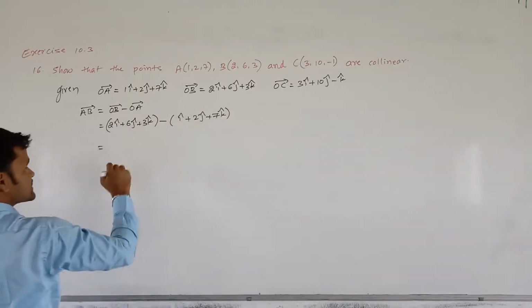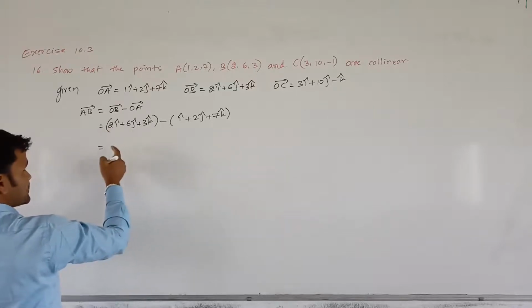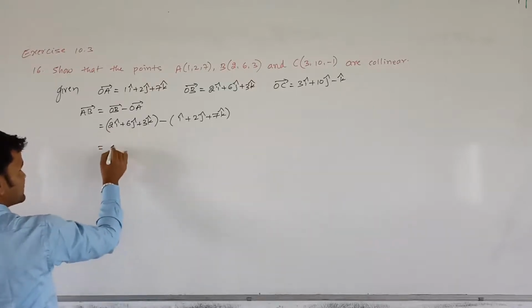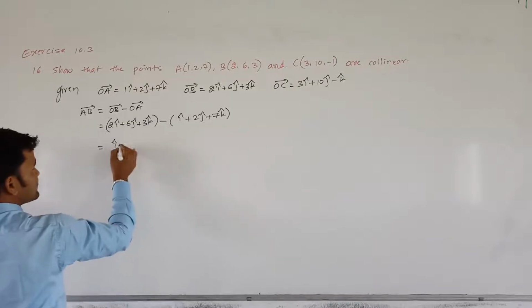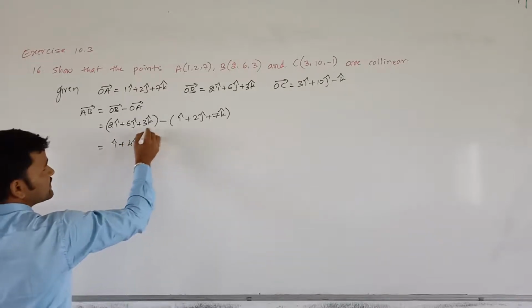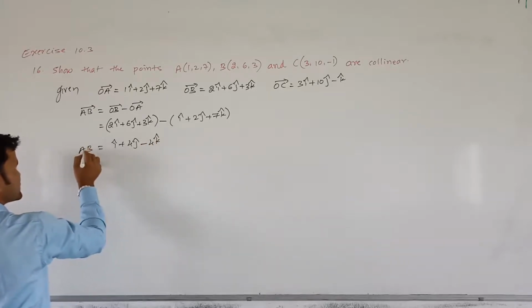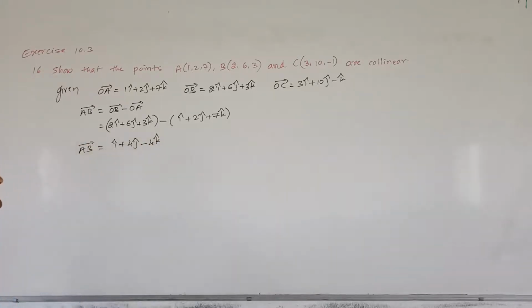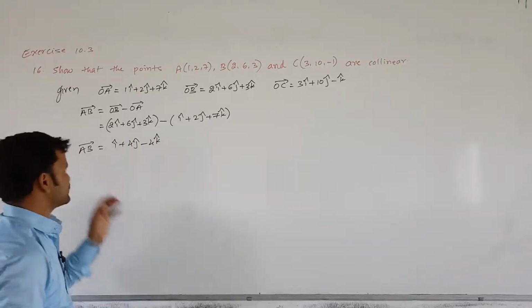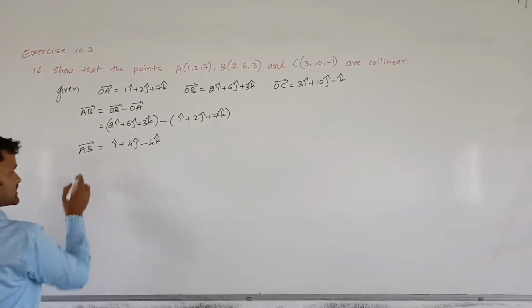Now, let us subtract these two. 2i minus i is i, 6 minus 2 is 4j, 3 minus 7 is minus 4k. This is vector AB is equal to, we want its length, let us find out the magnitude of this.